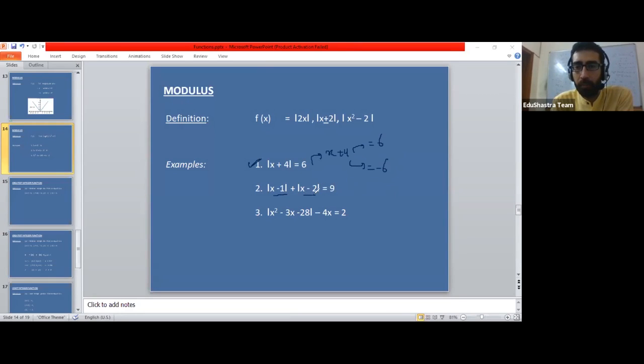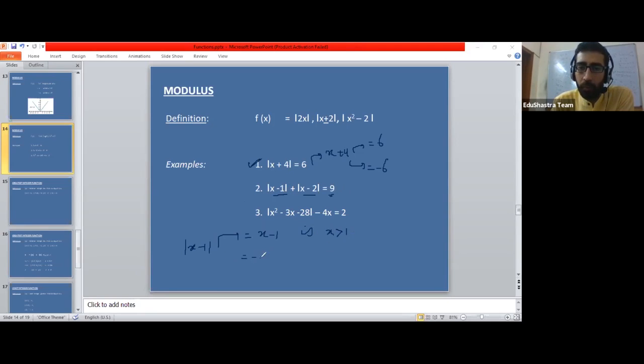How do we solve this? Mod of x minus 1 plus mod of x minus 2 is equal to 9. The best way of solving this is understanding that mod of x minus 1 will be equal to x minus 1 if x minus 1 is greater than 0, which means if x is greater than 1.